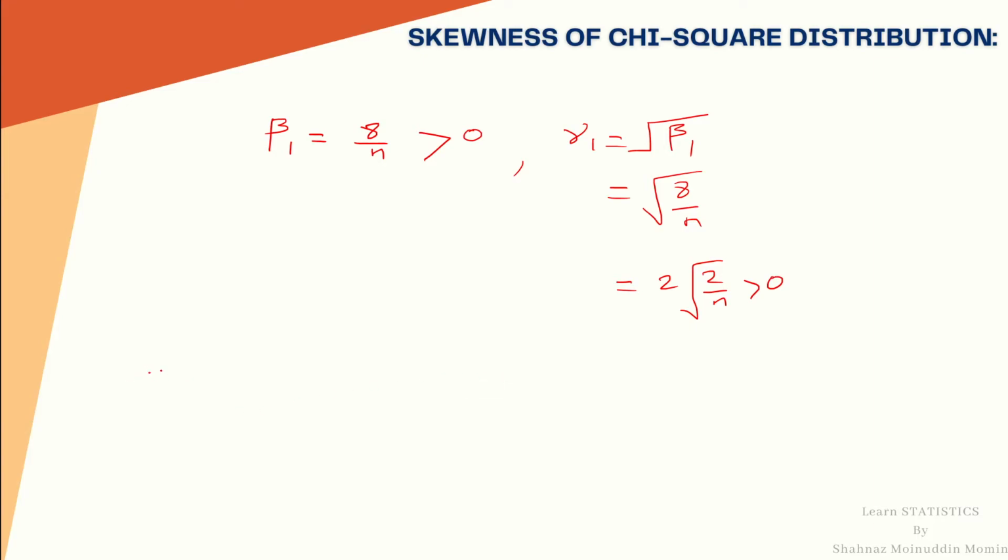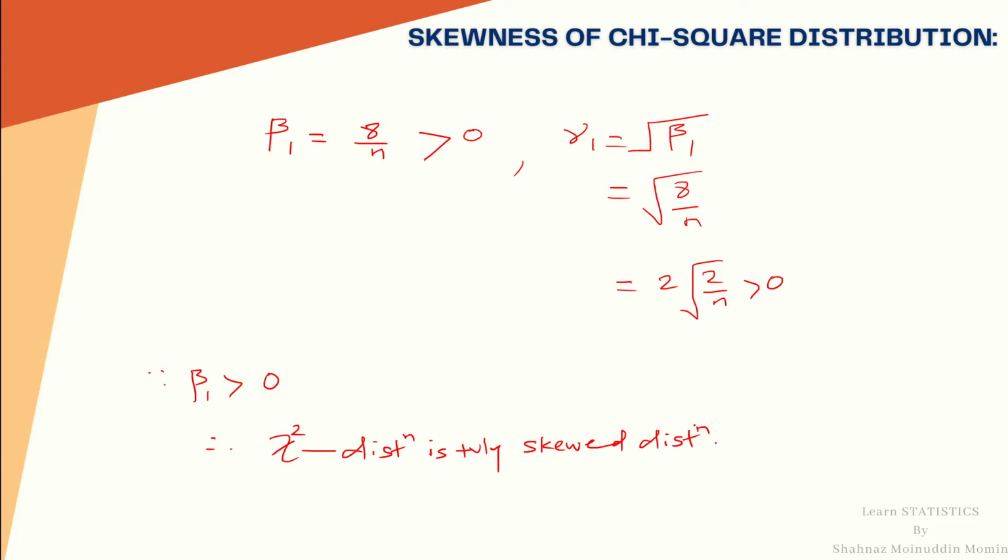Since here beta 1 is greater than 0, therefore the chi-square distribution is a positively skewed distribution.